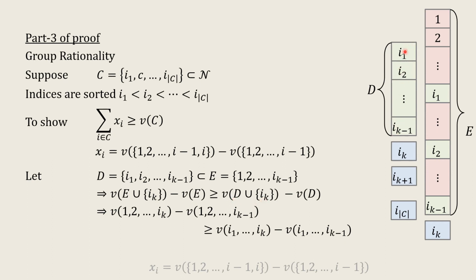This is D. D union ik is all the way until this point here, these and this blue one here, minus V of D. D is everything that's green here. This is D. V of I1 through ik minus 1. So I get this inequality here.